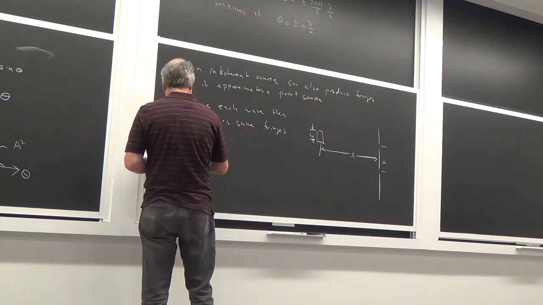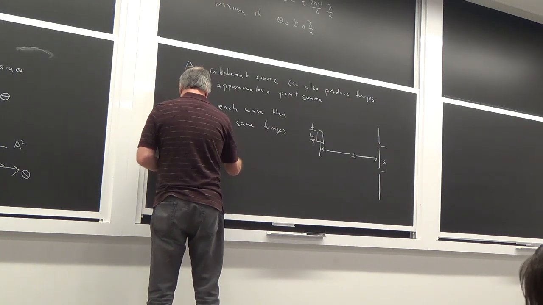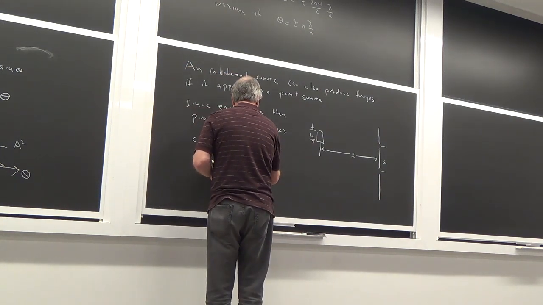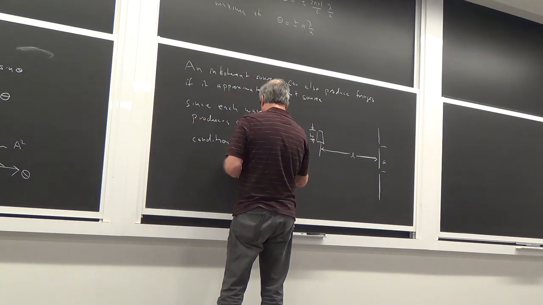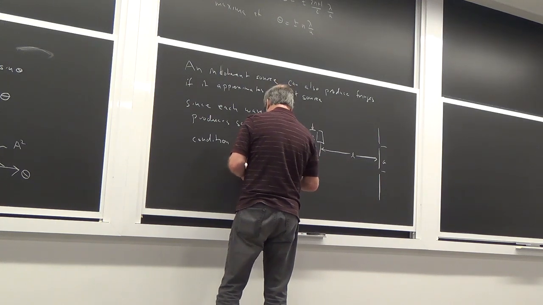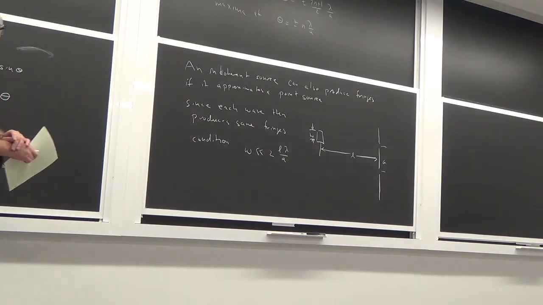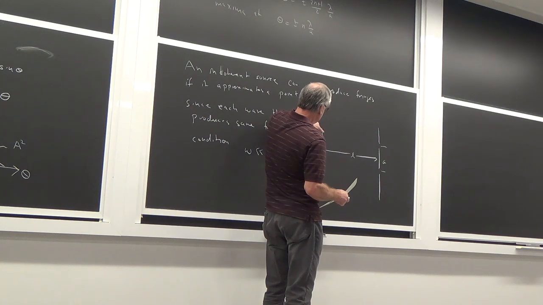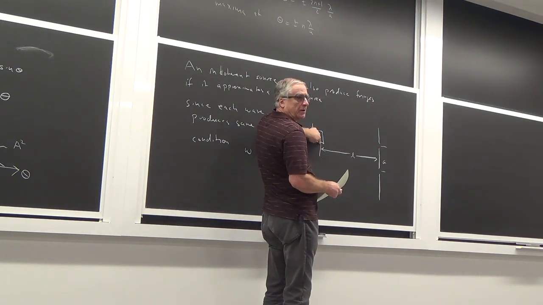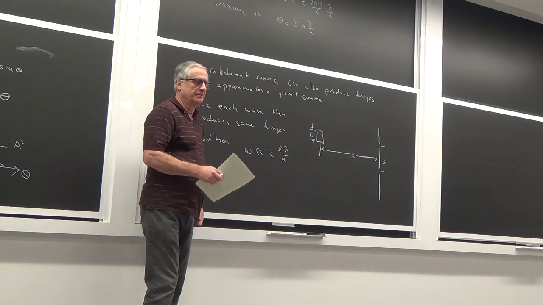And the condition is worked out in the book, so I won't work it out here, but it's just that this characteristic size of your source must be much less than 2 times L lambda over A. And that's just from the geometry. You want to have it such that something from this point on the source and something from this point on the source are close enough so that they don't make any difference in the path length to the screen.